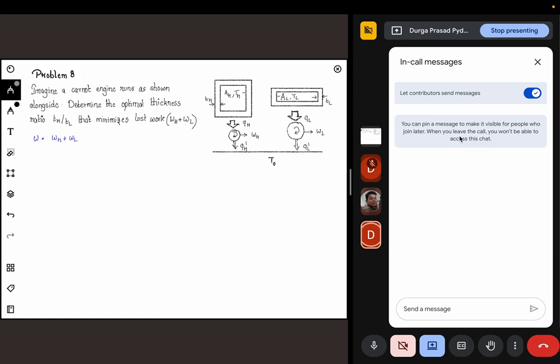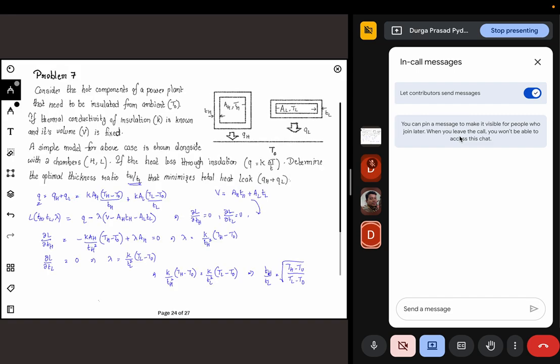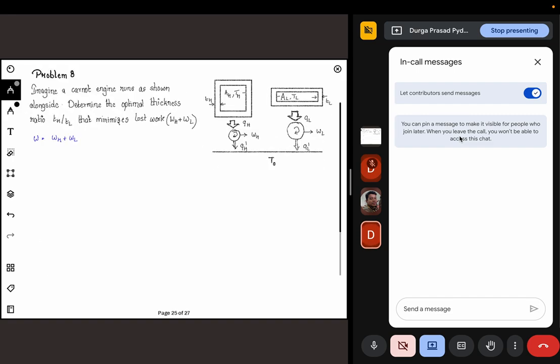Just like before, but instead of QH and QL, now I'm writing WH and WL. Yeah, it's an ideal case. This is the maximum possible work loss that you can get. In reality, you cannot achieve it, but it gives you an estimate of how much weightage you have to give to this and this, right?